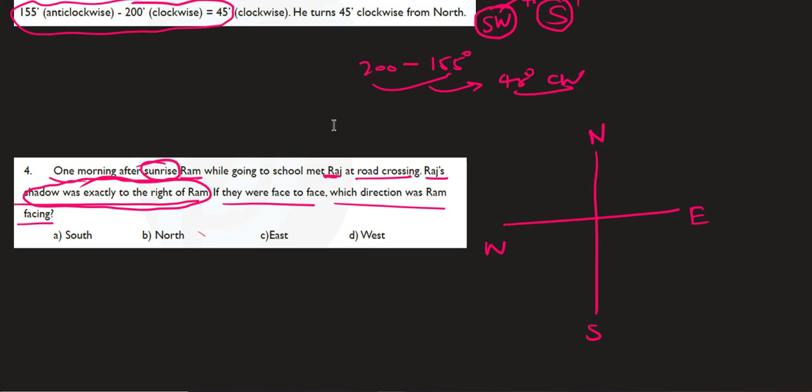So let's say this is our shadow, and the shadow is exactly to the right of Ram. Right of Ram means in the direction of Ram's right side. So obviously this is our Ram. Ram's right side would be in the shadow's direction. That means the face of Ram would be toward the south. So Ram would be facing south, and the answer to this question would be south.